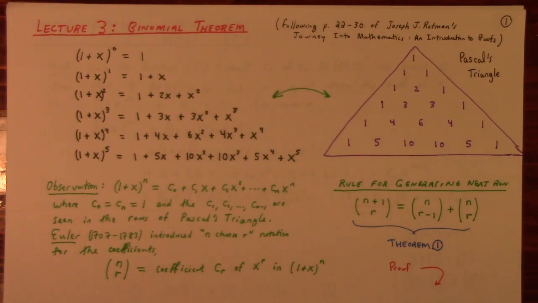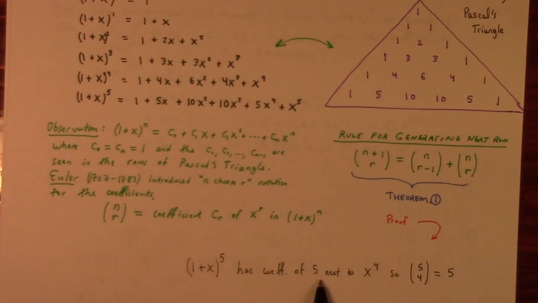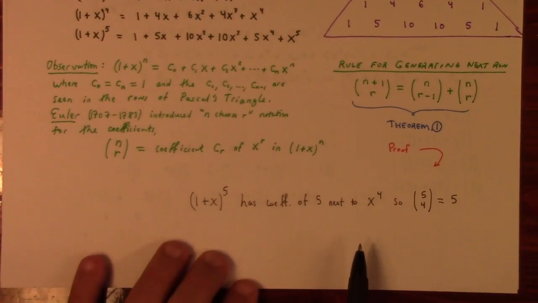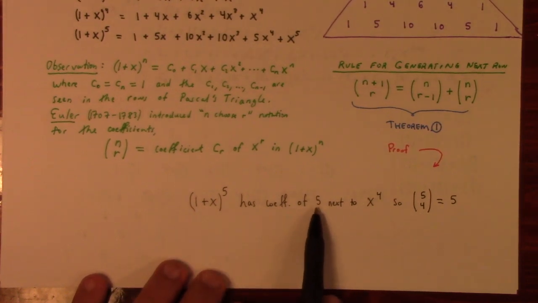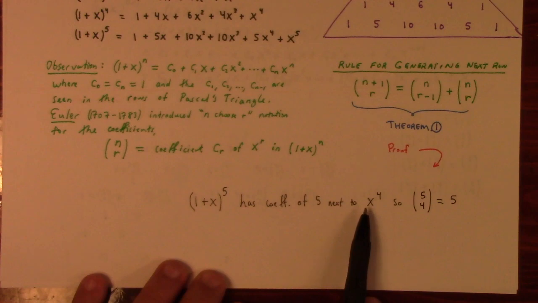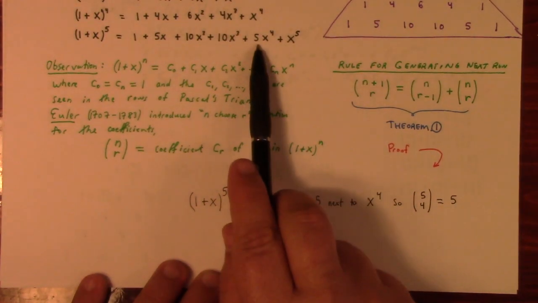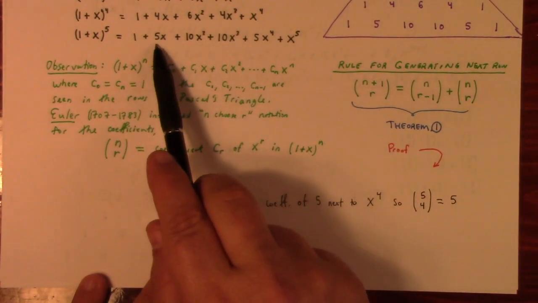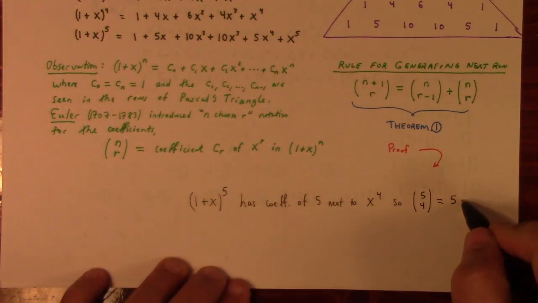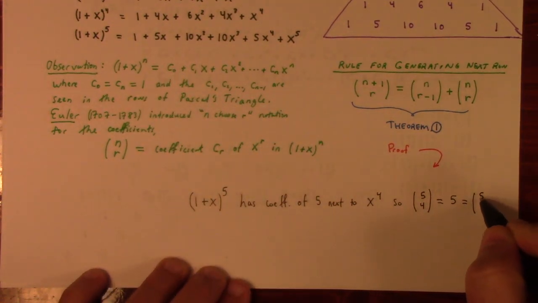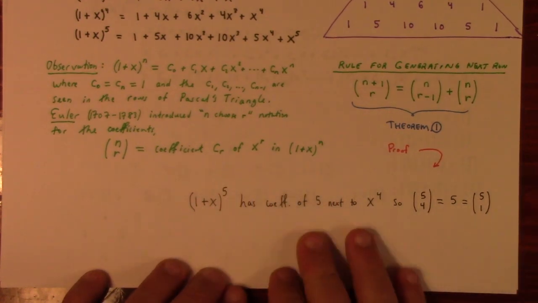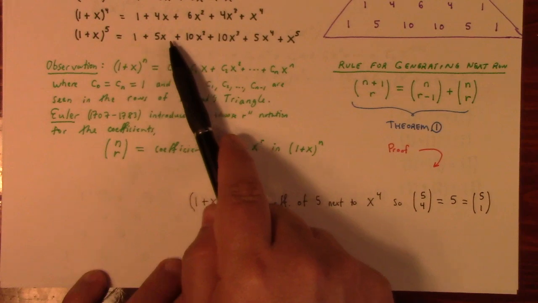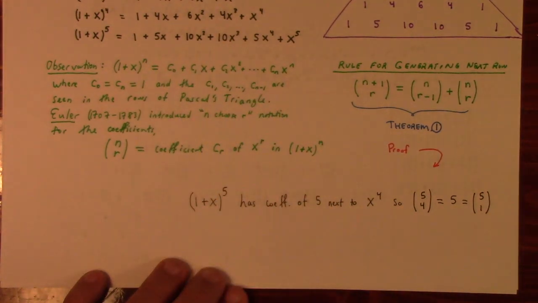And of course, a coefficient of 5 is also seen, where else? Sorry, I was down below the screen, my bad. So 1 plus x to the 5th has a coefficient of 5 next to x to the 4th. All right, see that right there? Where else is there one? There's a 5 over here. So that would be 5 choose 1. So 5 choose 1 and 5 choose 4 are both equal to 5, because those are the coefficients which appear in 1 plus x to the 5th. That's the starting point. All right?